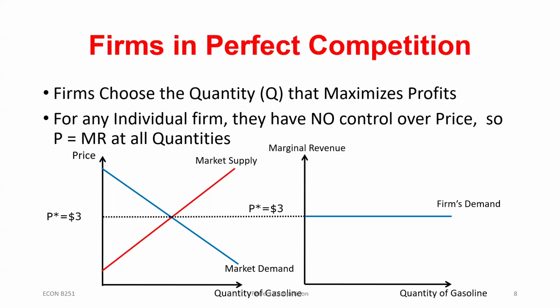Okay. If I am thinking about a firm's total revenue, we said this was what? The price of the good I'm selling times the number of units I sell. So what if we're talking about marginal revenue? Anytime we want to look at marginal something, it's the change in that thing.